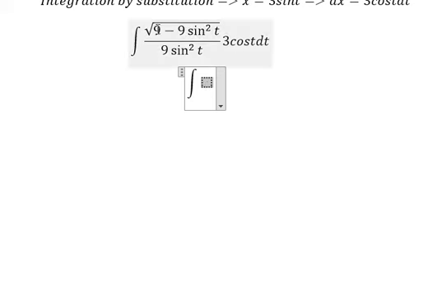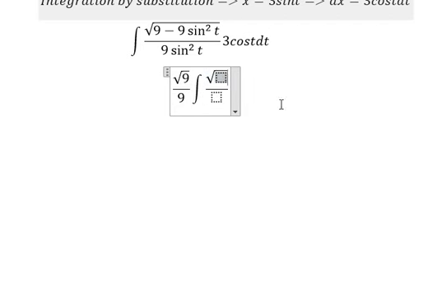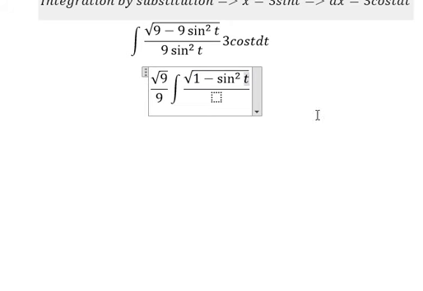Here we have the number 9, which we put outside, the square root of 9 over 9. And inside the square root we have 1 minus sine squared t. We have the number 3 here.